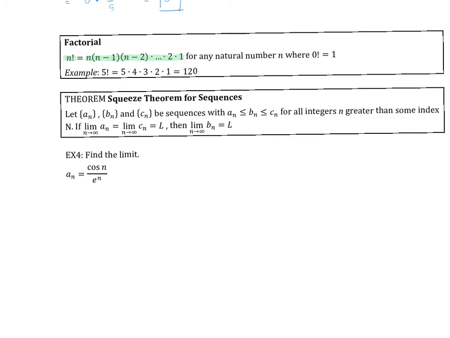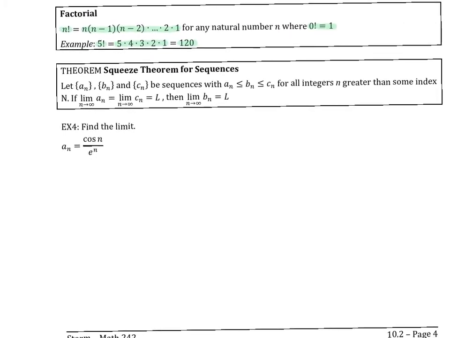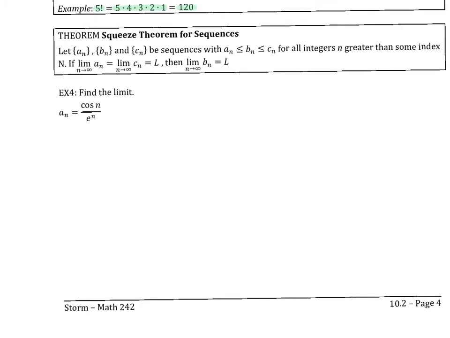So for example, 5 factorial says we start at 5 times 4 times 3 times 2 times 1, which is 120. And when we talk about factorials, we can assume that 0 factorial is simply equal to 1. I just wanted to make sure we all knew what a factorial was before we go on to some more theorems.